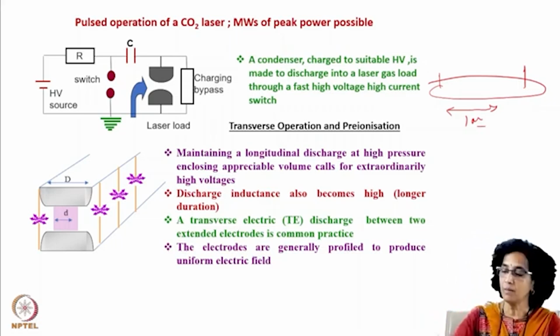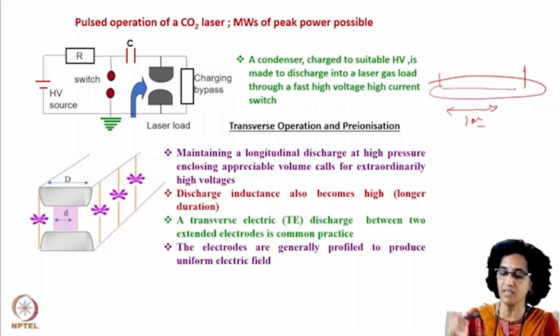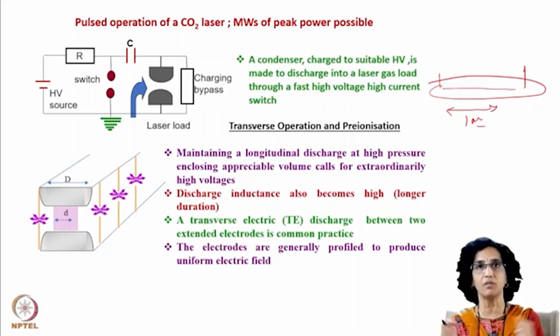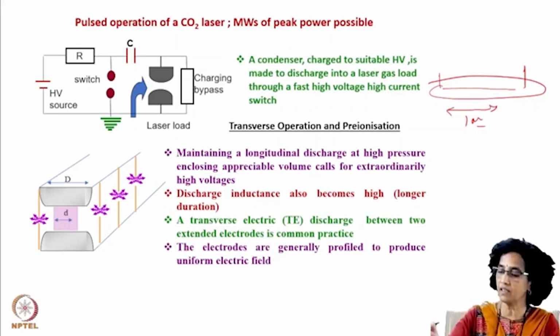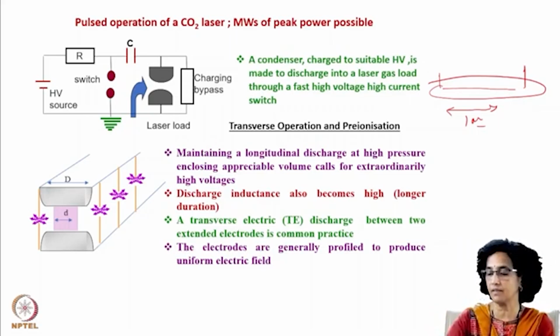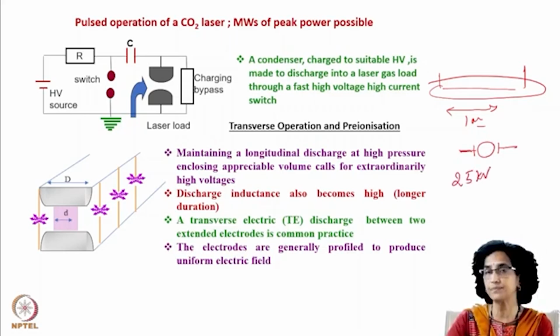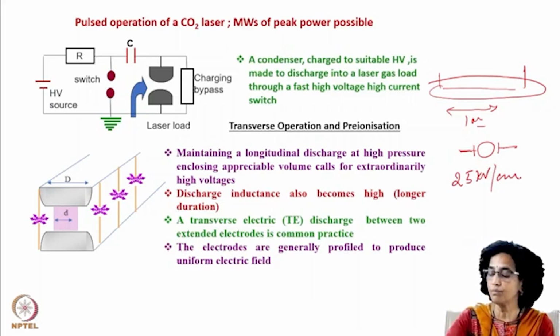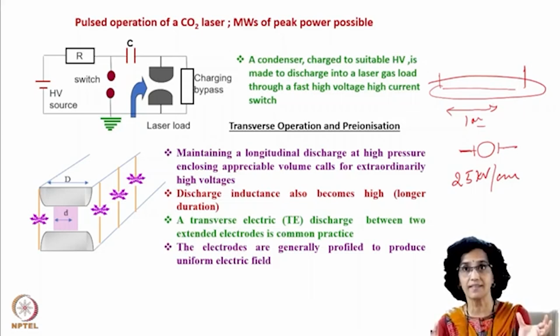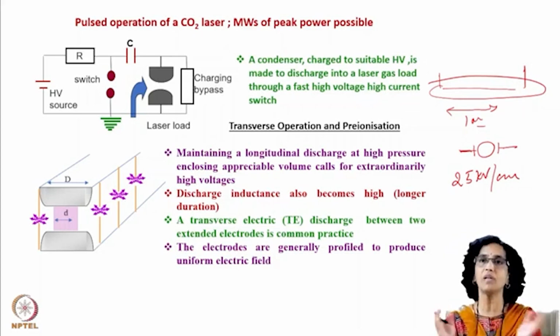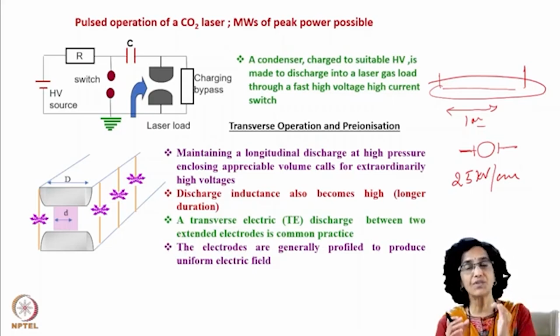But you see, maintaining a longitudinal glow discharge at high pressure enclosing appreciable volume calls for extraordinarily high voltages. If we think of, say, a 1 centimeter gap, and we want to break this gap, then you require approximately 25 kV per centimeter. So we cannot think of such large discharge lengths. But then, because we cannot have longitudinal discharge, what we have is a transverse discharge.